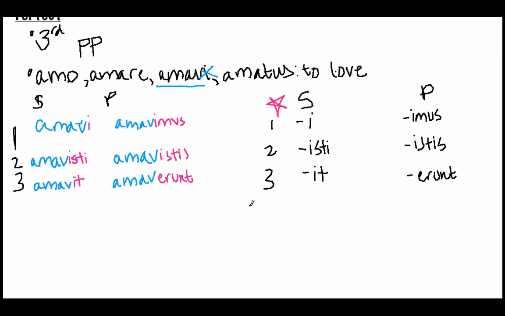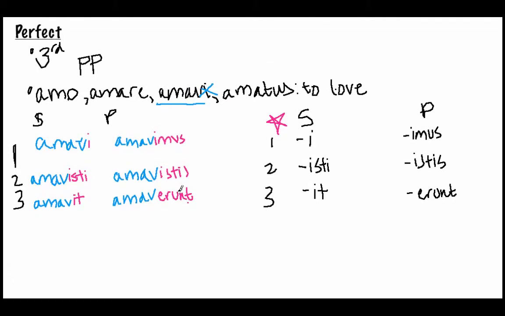Okay, so the perfect is actually the equivalent of simple past if you've heard that before. And basically it can be translated in one of three ways. And let me go ahead and write that down right here. Translations. And you can just think of the perfect as past tense.